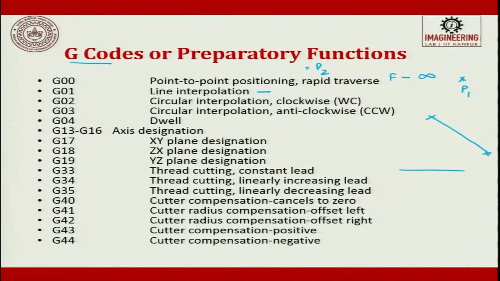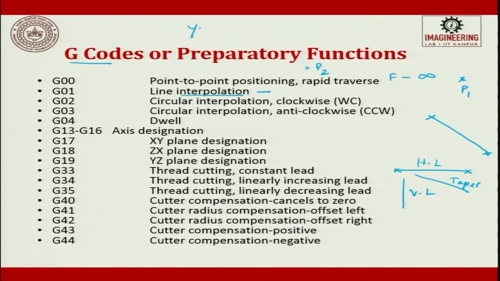Next is linear interpolation. Wherever you want to generate a straight line, either a horizontal line or a vertical line or a taper line, we have a start point, we have an end point and in between points are interpolated. In engineering, we encourage people to do interpolation. So, what is that?